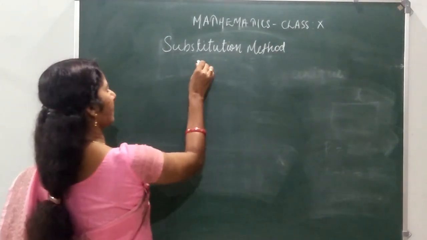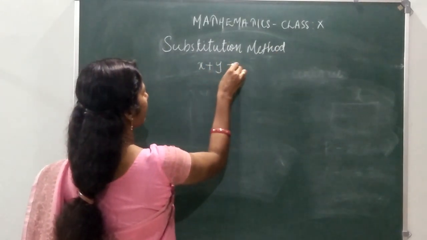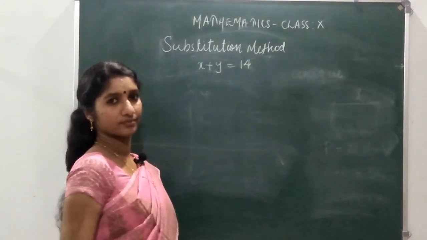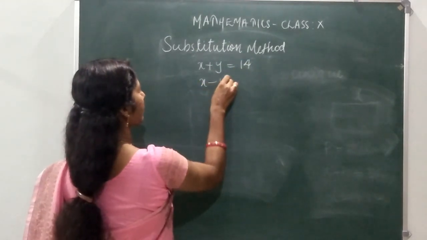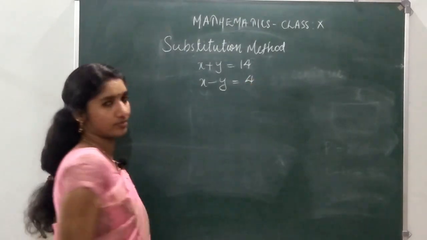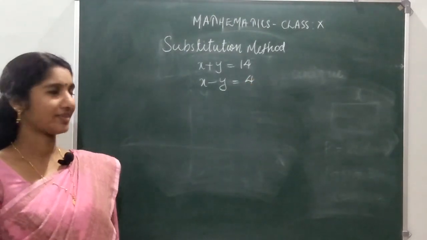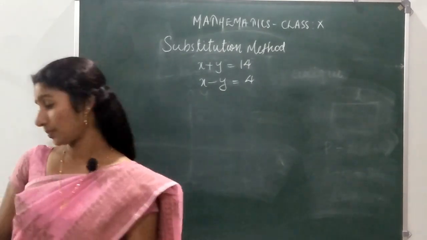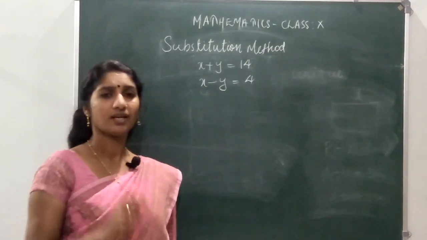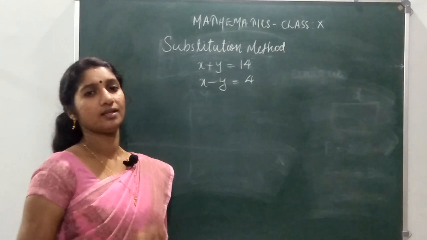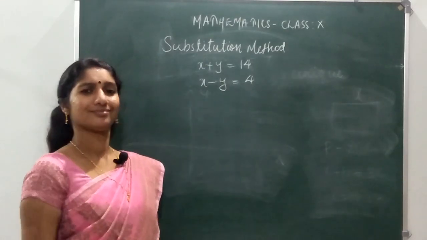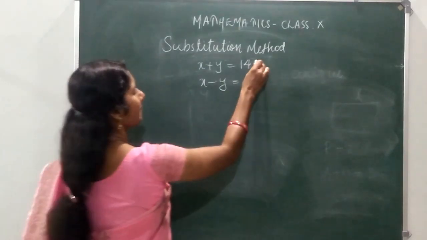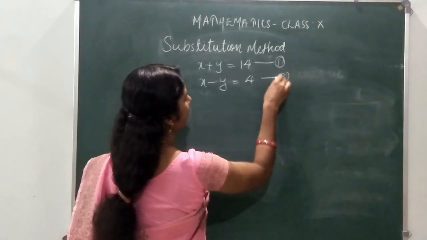One problem is given like this: x plus y is equal to 14 and x minus y is equal to 4. Two simple equations are given, and I am going to explain how we do the substitution method. Listen very carefully. Put this as the first equation and this one as the second equation.